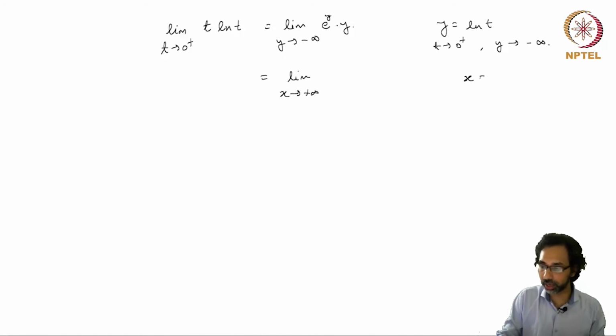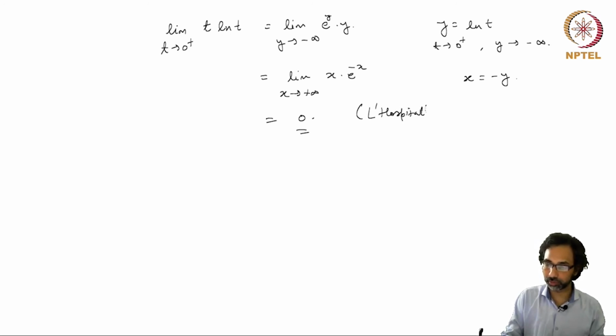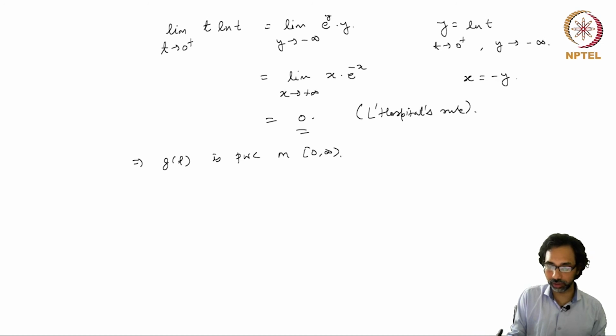I am again changing the variable from y to x. So this is nothing but x times e to the power minus x, and we know very well that this is 0. One can evaluate it, for example, using L'Hopital's rule. So we see that this is 0, and so g(t) is piecewise continuous on 0 to infinity.